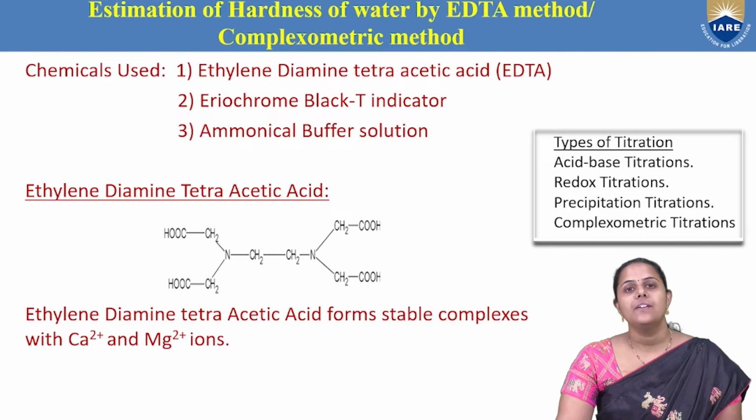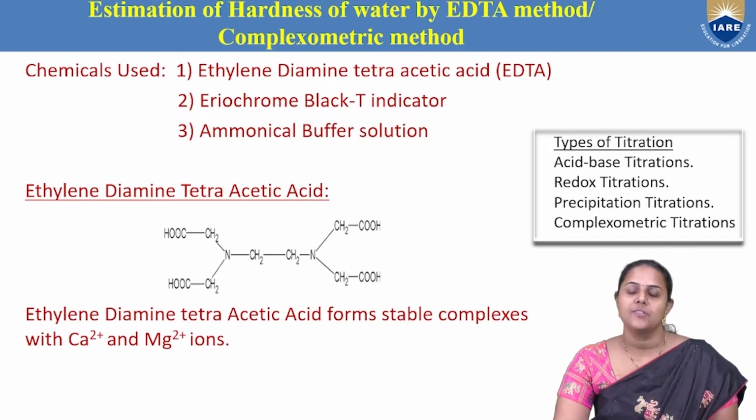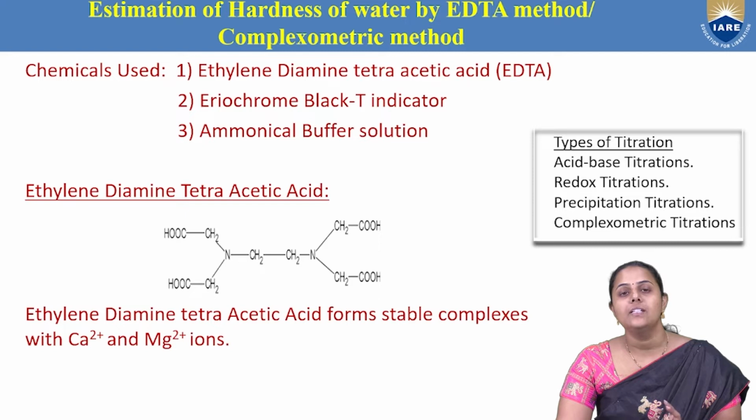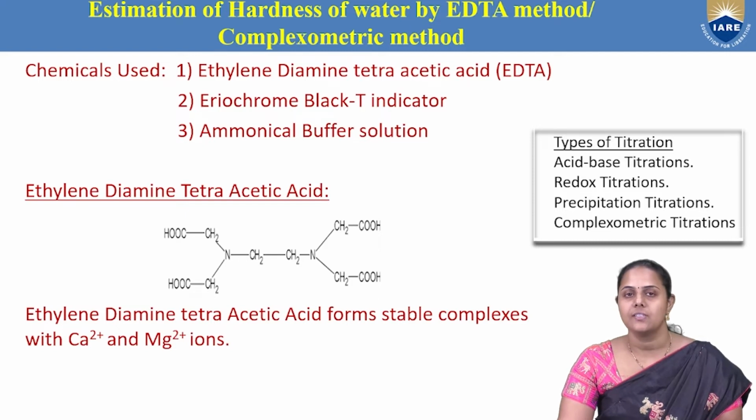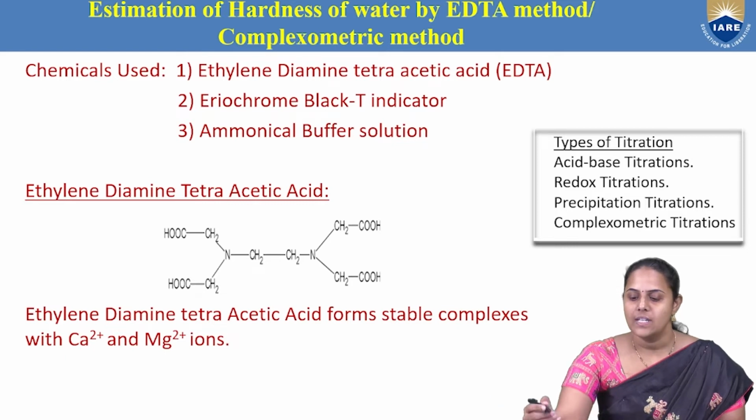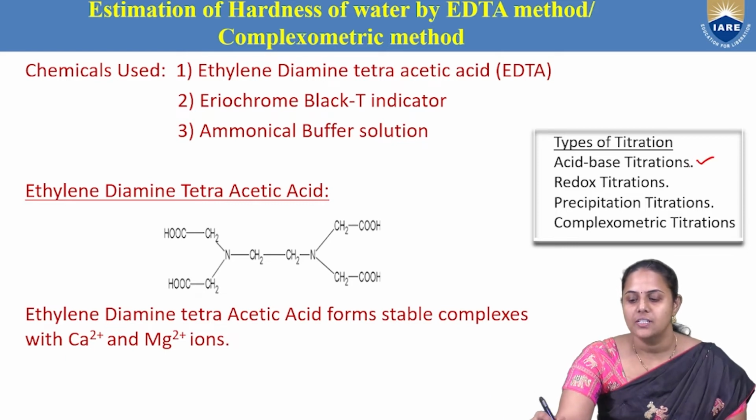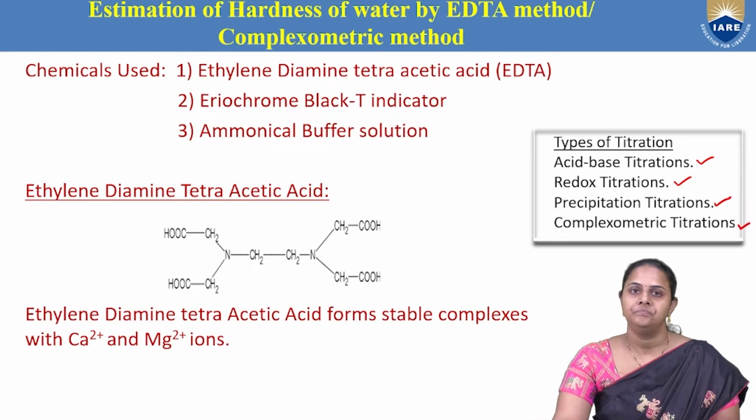Before entering into the experimental procedure, let us discuss the types of volumetric titrations. There are mainly 4 types: acid-base titrations, redox titrations, precipitation titrations, and complexometric titrations.